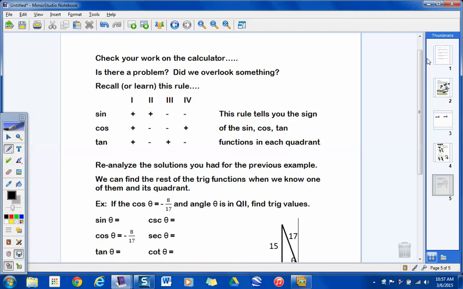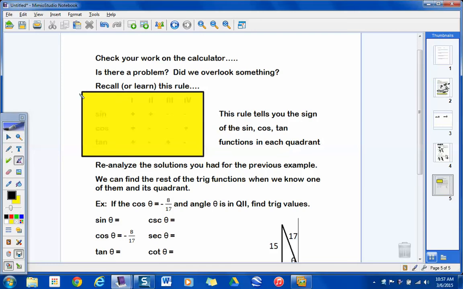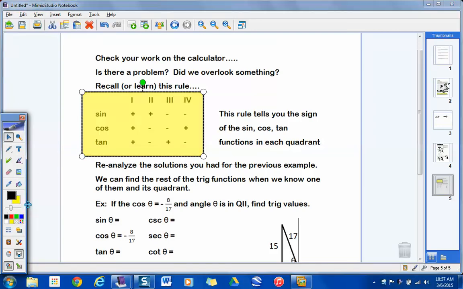If you're ever in the third quadrant, cosine values will be negative. If you're ever in the fourth quadrant, tangent values will be negative. So this might be a handy little chart to refer to for you. You might want to highlight this and make sure that you know it's here. It says this rule tells you the sine, cosine, tangent functions in each quadrant.